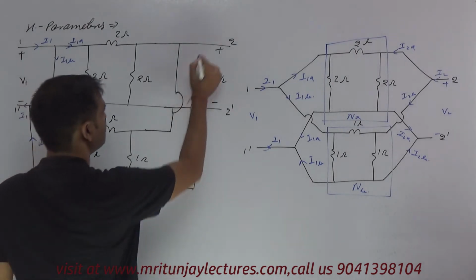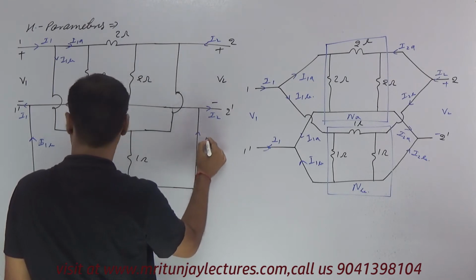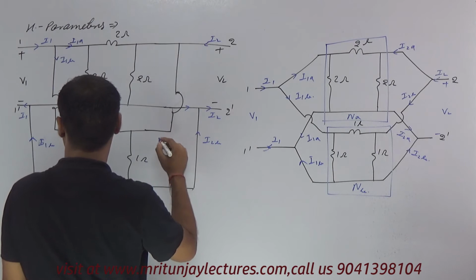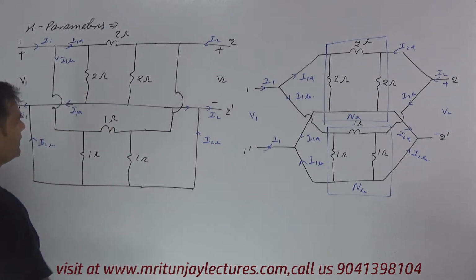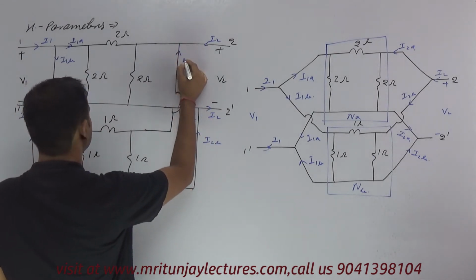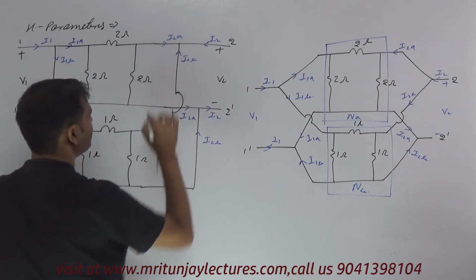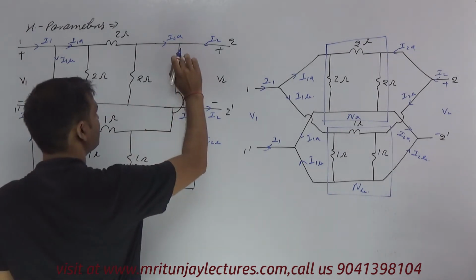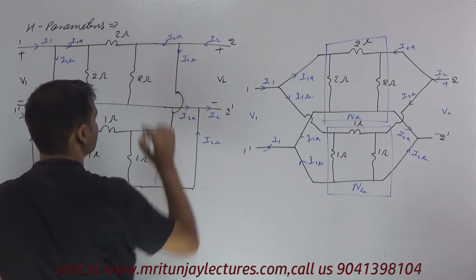Now that is I2, and here I2, I2B, and that is I2A, and here I2B, and here I2A, like this one, and here like this one.